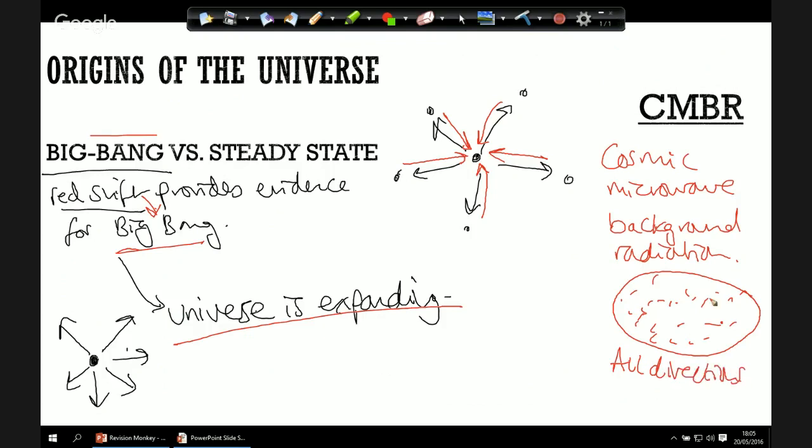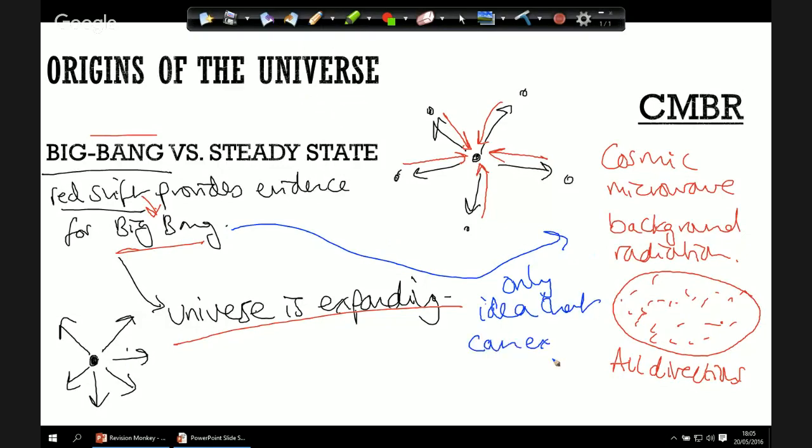And the only thing that can explain the CMBR is the Big Bang theory, this idea of this massive explosion spreading that radiation across the universe. So the Big Bang is the only idea that can explain the CMBR, the cosmic microwave background radiation.